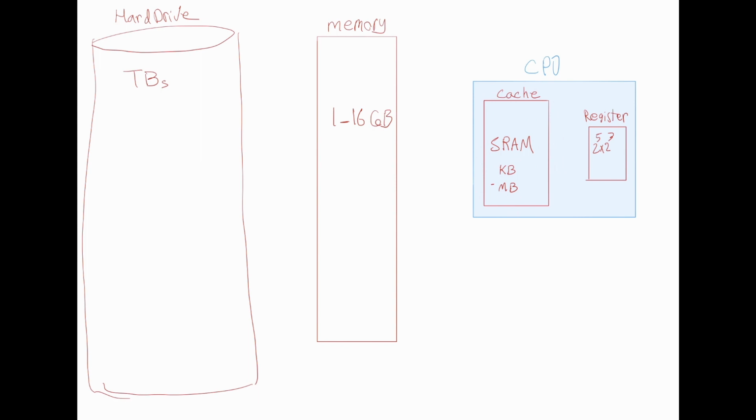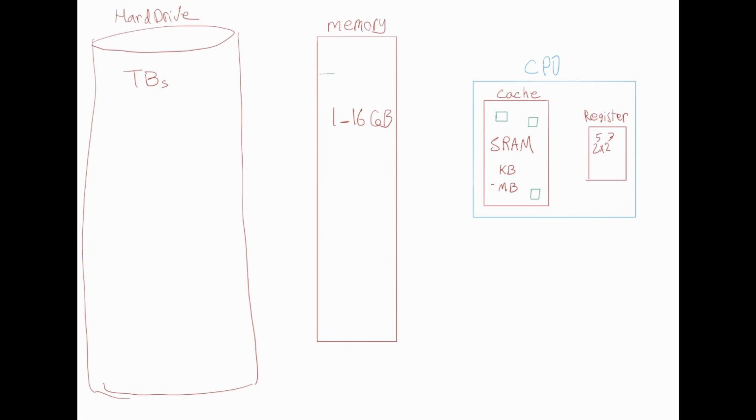We talk about hierarchy because the way these things are designed is that a subset of the data that you have at any level is going to be present in the higher level. So the right way to think about the cache is that it's also memory, just like the main memory, but it's the part of that memory that we use often or we think we are going to use often.